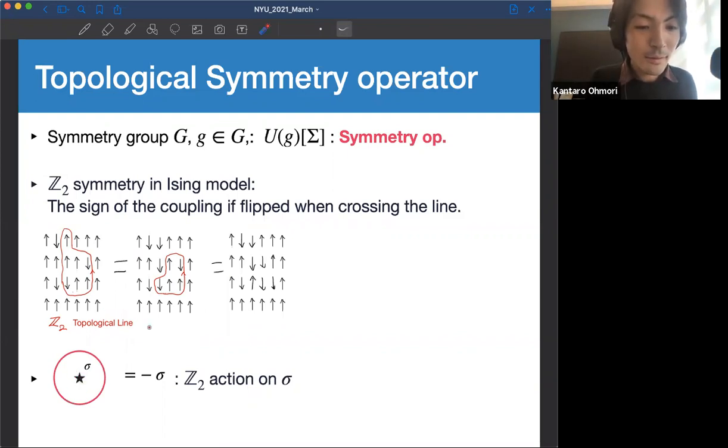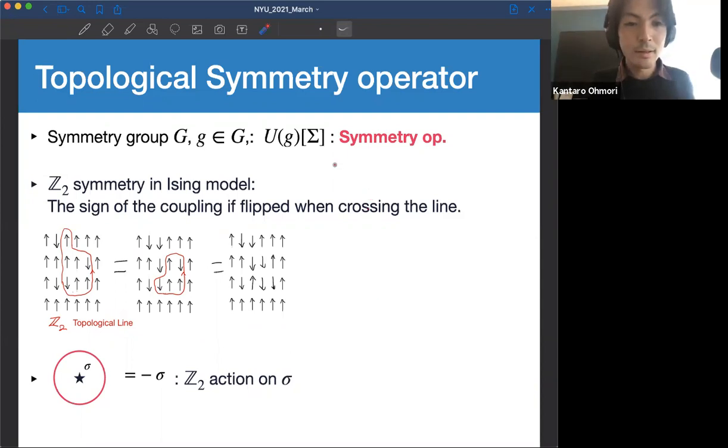Then if this topological line encloses this spin operator, and you shrink down this topological operator, then we get this negative sign, because this topological line just flips the spin from up to down. And that's nothing but the Z2 action on this local operator. So again, this enclosing operation realizes the symmetry action on the local operator.